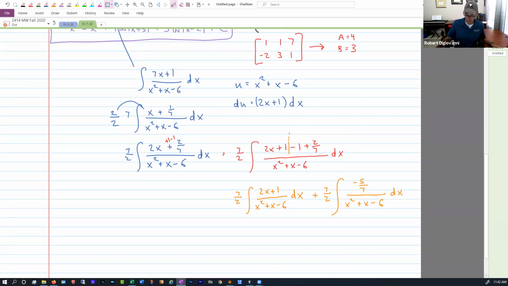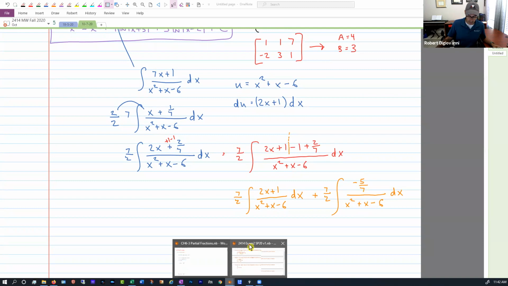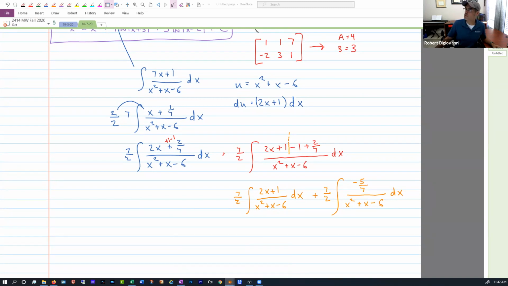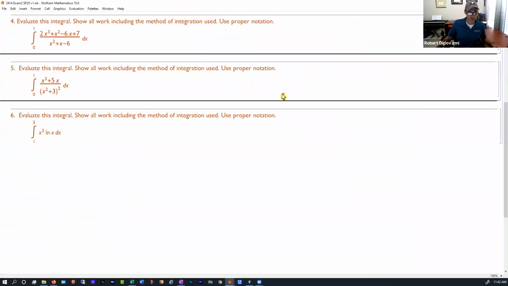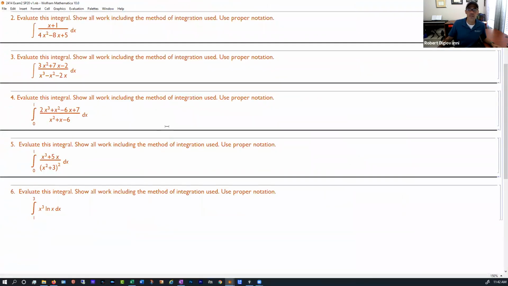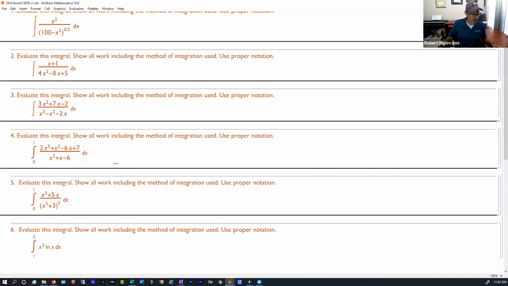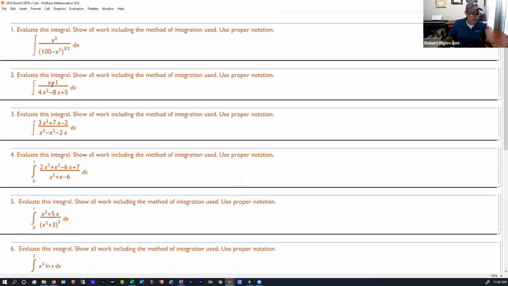All right. So I don't know, would you agree that those questions on the test were within reason? I mean, there was nothing too crazy there. This one was okay. This one's okay. This one right here, the second one, is a linear over an irreducible quadratic.